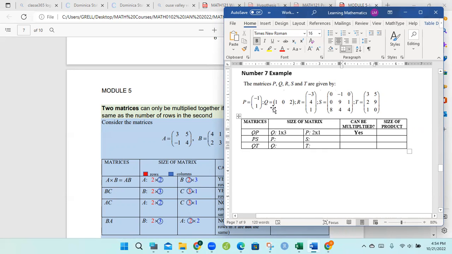PQ is possible, but not QP, because Q has 1 row with 3 elements in the row, and P has 2 elements in the column. So no, multiplication is not possible for QP. For PQ, yes: 1, 1. But if you go in QP, 3, 2. 1, 1 is possible, not 3, 2. Since those 2 innermost numbers are different, multiplication is not possible.